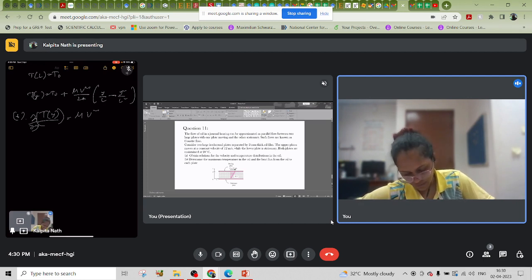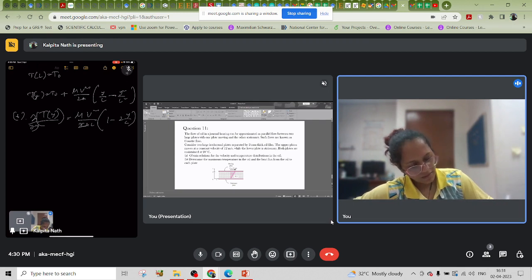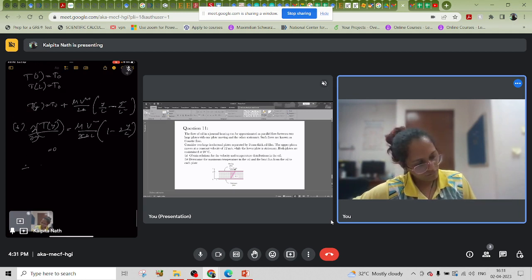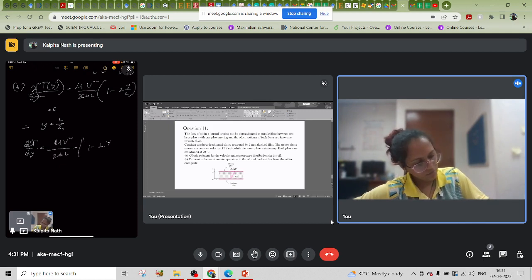That gives mu V square by 2kL times 1 minus 2y by L. The location of maximum temperature is determined by setting this equal to 0 and solving for y. dT by dy is equal to mu V square by 2kL times 1 minus 2y by L is equal to 0.